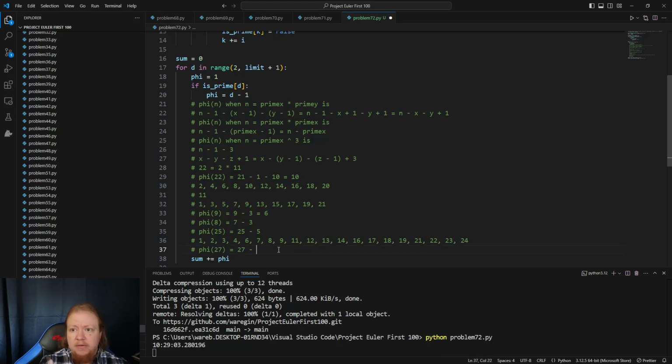So 27 minus 4 equals 23. But I think that there are more factors of 3 that are less than 27.